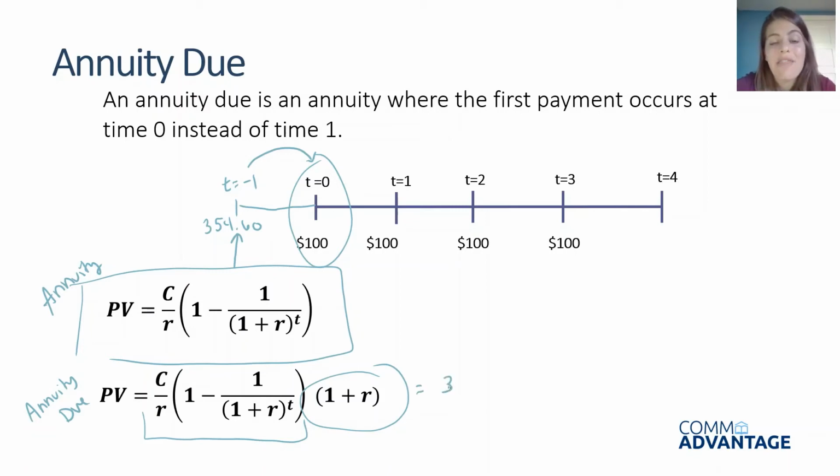So we're taking that $354.60, that's the present value, but the wrong present value, and we're bringing it forward, applying that interest to figure out, hey, what is my present value today? And I didn't calculate this, so I'm going to do that real quick. And so in this situation, it's worth $372.33.